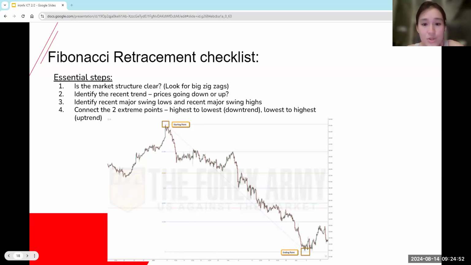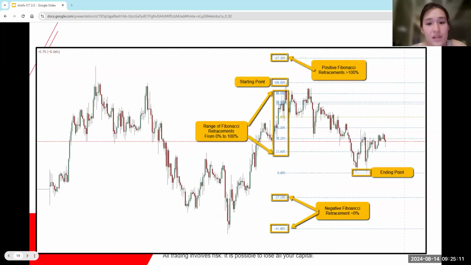Number 3 is to identify recent major swing lows and recent major swing highs. And lastly is to connect the two extreme points, like you see here, starting from the highest to lowest in a downtrend and the lowest to highest in an uptrend. There are a couple of different ways that we use the Fibonacci retracement tool, but I'm not going to get too in-depth into it for this webinar session.